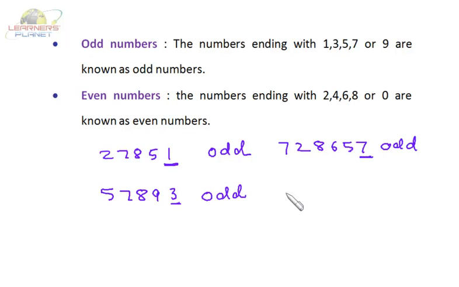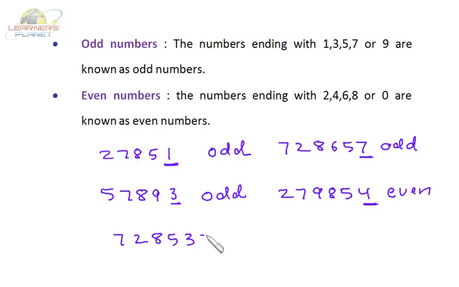Now, let's take the next example, 27984. Now see the unit digit, it is 4, so it will be an even number. Okay, let's take one more example, 7285326. Okay, see the unit digit, it is 6, so it will be an even number.